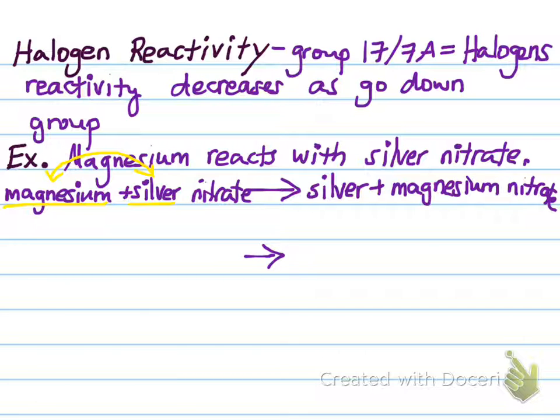My symbol for magnesium is Mg. Silver nitrate, nitrate is a polyatomic ion, so we know it's an ionic compound. So we're going to write our symbols, write our charges, crisscross, and make sure it's the lowest whole number ratio. Now silver is in the short columns of our periodic table, so we do want to check our helper sheet.